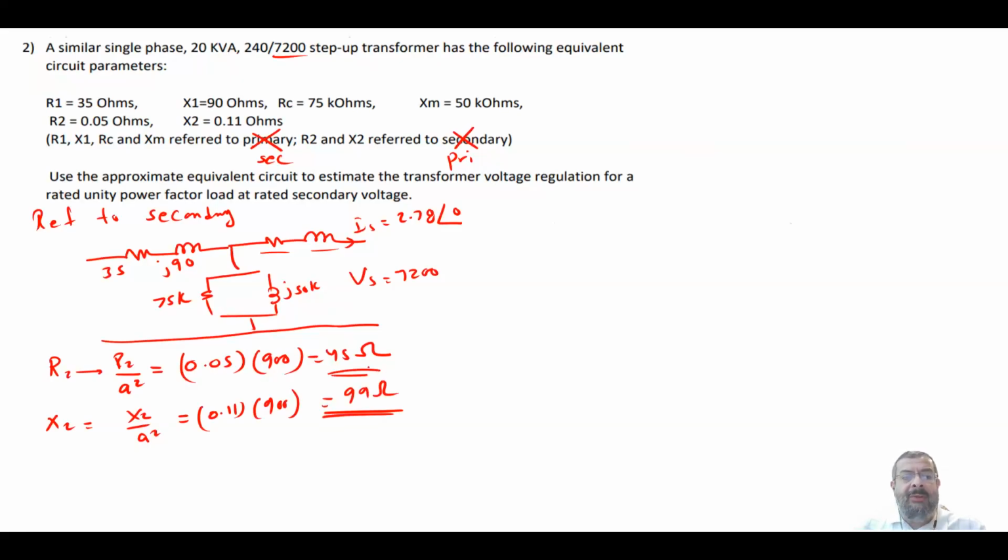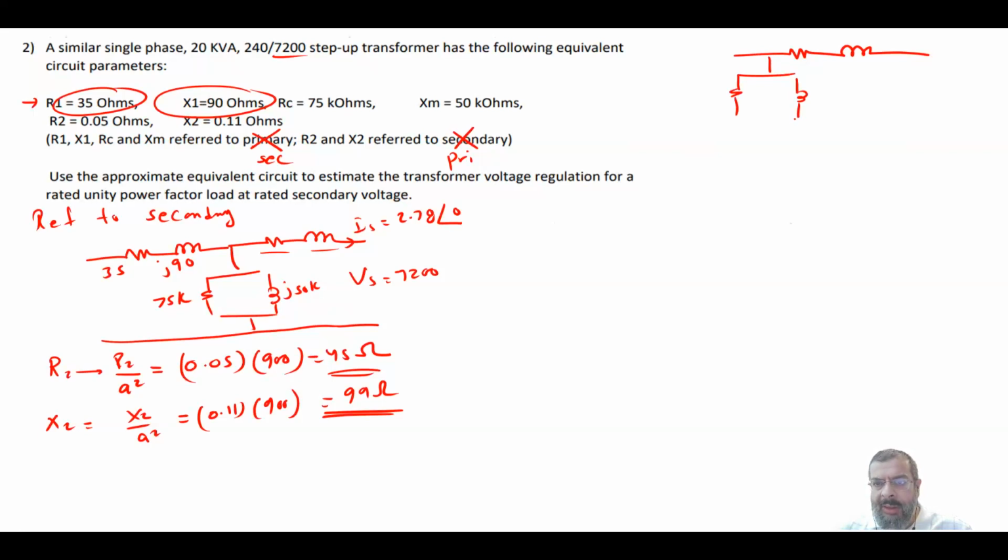Again, look at this value when I refer it to the secondary, and look at this value, they are at the same order of magnitude. Now I am ready to draw the model. So my model now would be like this. This stays as it is, no change here: RC and XM, which is 75 kilo, j50 kilo.